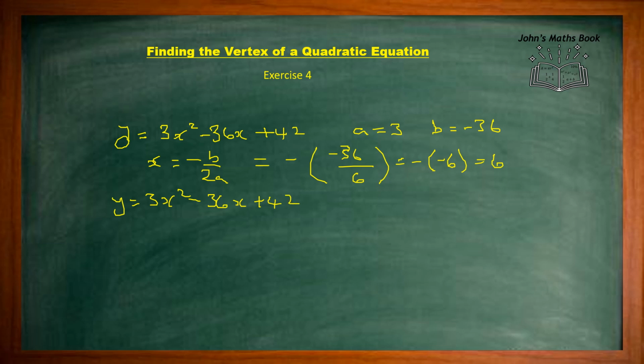So substituting 6 for x, we get y is equal to 3 times, so x is 6, so x squared is 36, times 36 minus 36 times 6 is 216 plus 42.